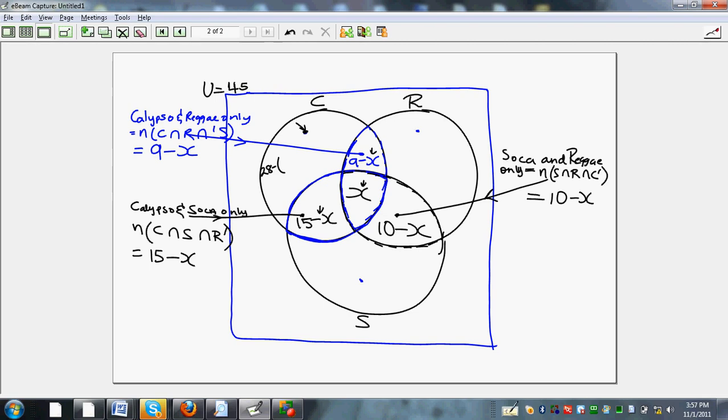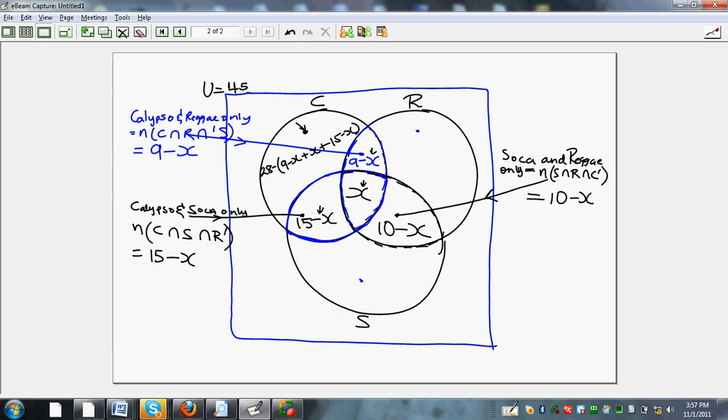So it will be 28 minus (9 minus X plus X plus 15 minus X). And that would give you those that like calypso only.